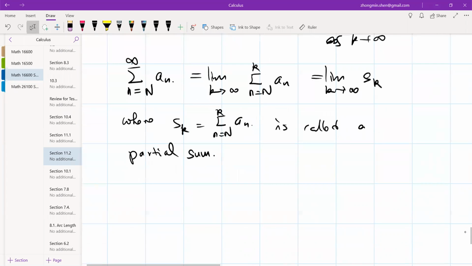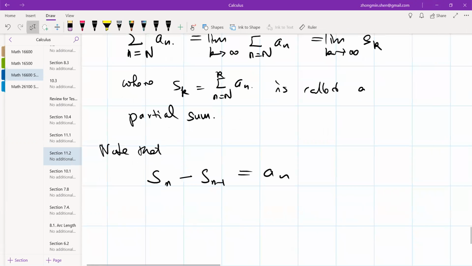All right, it's interesting to see that the difference of those two partial sums, S_n and S_{n-1}, is going to give you the nth term. How do you see that?